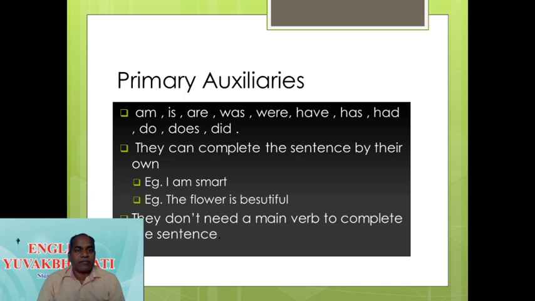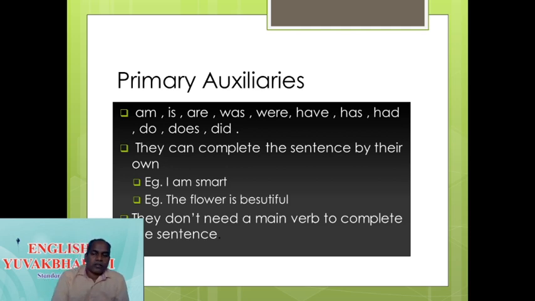They can give proper meaning to the sentence, and they don't need any main verb. For example, I am smart. After listening to the sentence, we get the exact meaning. Here the main verb is not there.